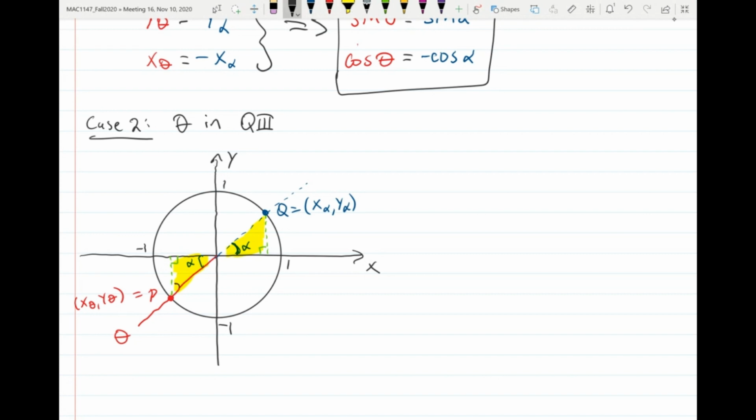Therefore, this angle right here is the same as the other one. So the three angles are equal to each other. And moreover, because this is the radius, the two triangles are again equal, by the same angle, side, angle criterion. Guys, okay so far?